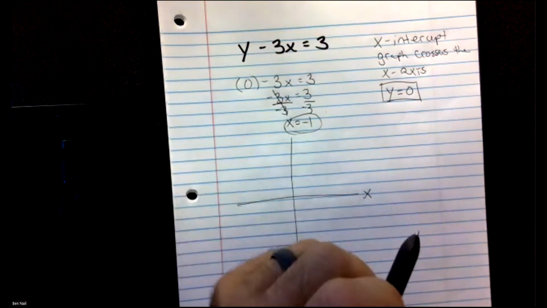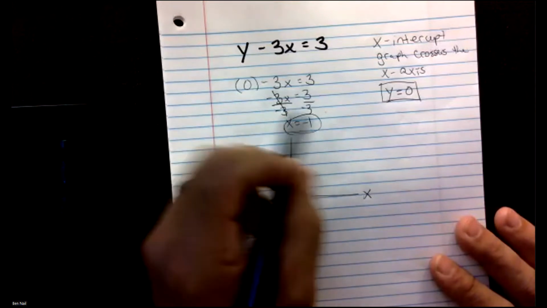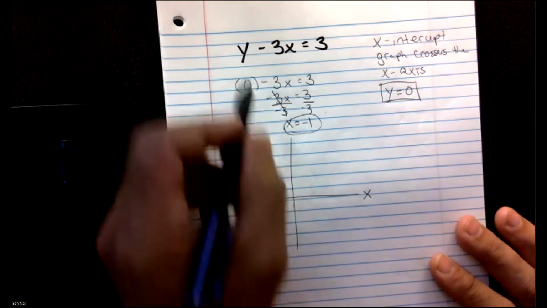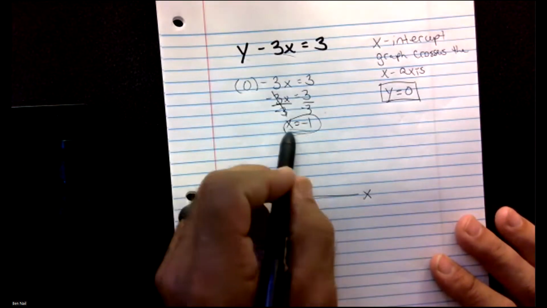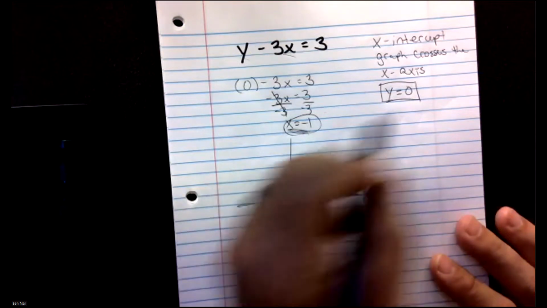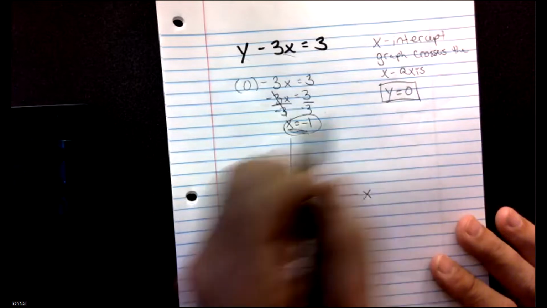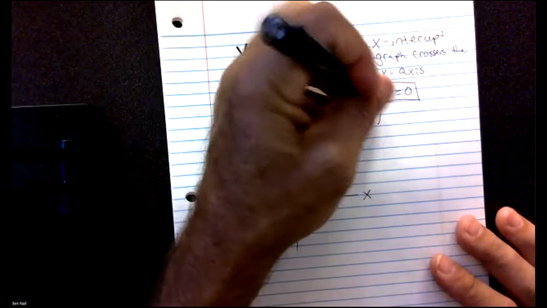Now, this is extremely important. Last chapter, when we talked about solving, it was just important to figure out what your solution was, what that x equals. Remember, when you have a two-variable equation, your solution is not just negative 1, okay? That's specifically your x-intercept, which matches the coordinate, okay? X, negative 1, y, 0.